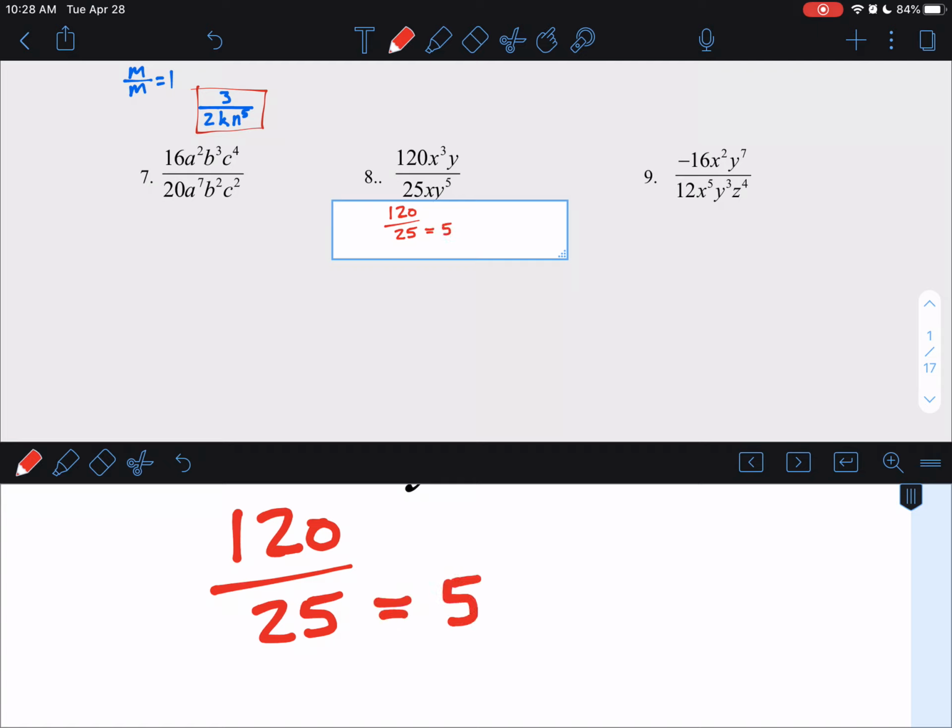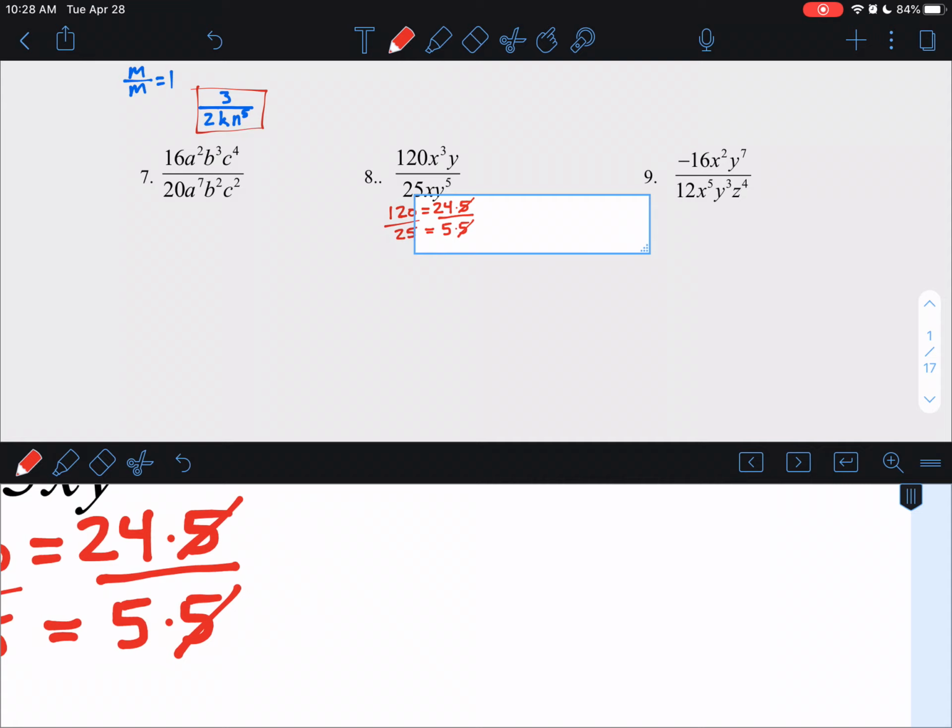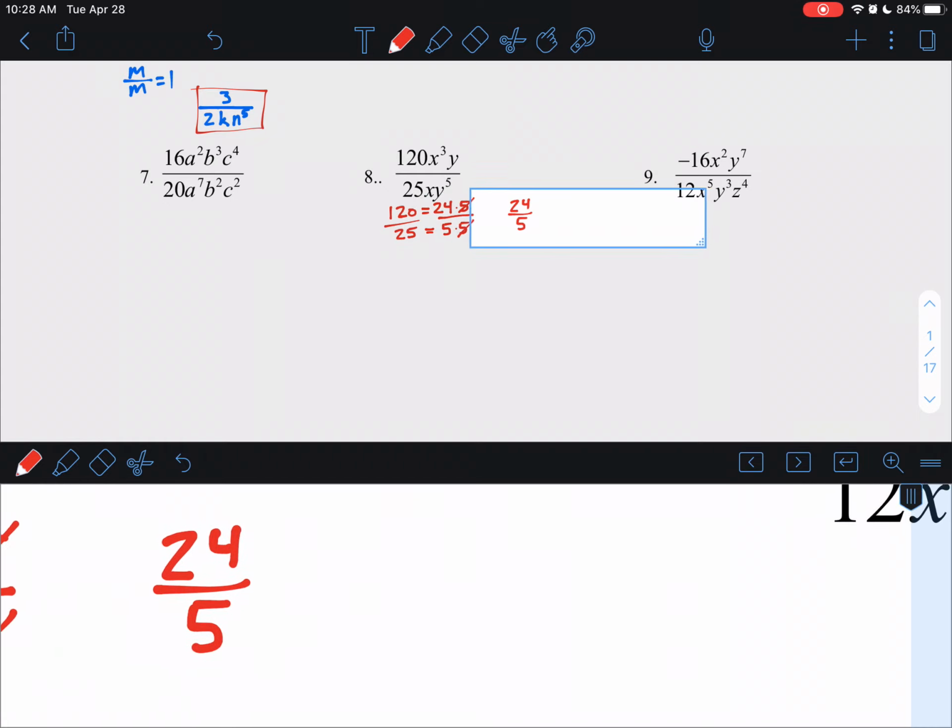So 25 is 5 times 5. And 120, let's see, I believe that's 24 times 5. It is, yeah. So 24 times 5. And then I can just cancel out these 5s, and I'm left with 24 fifths.